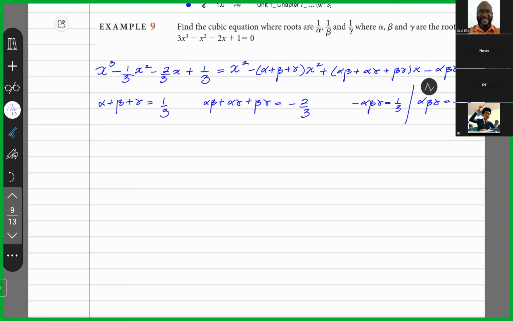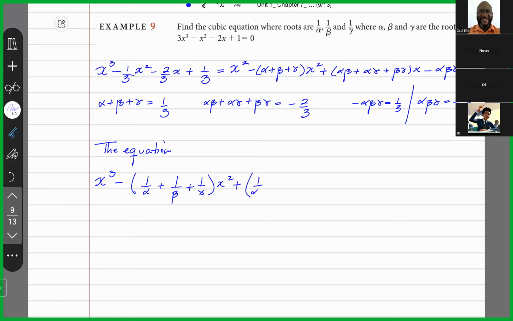Now, what we're being asked to do now is to find the cubic equation whose roots are 1 over alpha, 1 over beta, and 1 over gamma. So the equation would be x cubed minus the sum of the roots, so that's (1 over alpha plus 1 over beta plus 1 over gamma) x squared, plus the sum of the product of the roots 2 at a time.